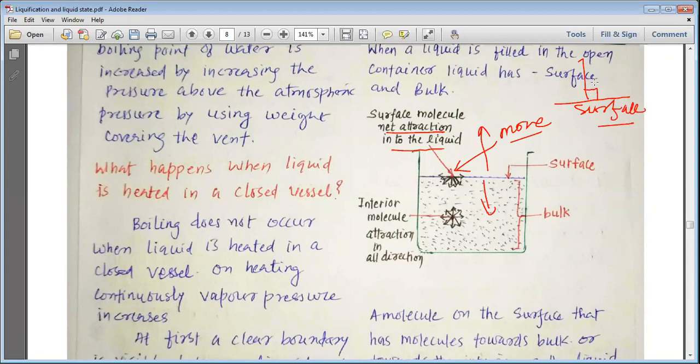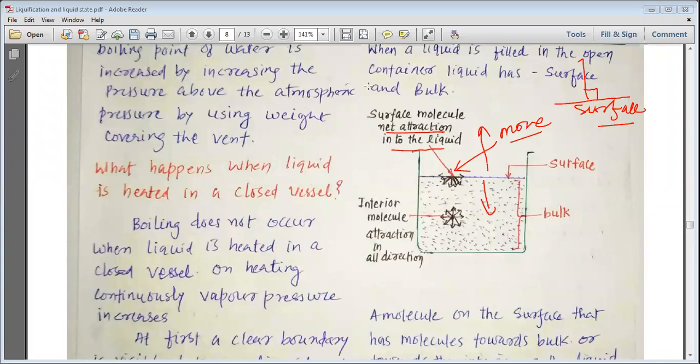Due to surface tension, we see lots of phenomena, like some insects can walk on the surface because there is a thin film of the molecules present on the surface which feel some strain, some tension, and that is how the surface is a little tense, a little stretched, and on that the various insects can walk.